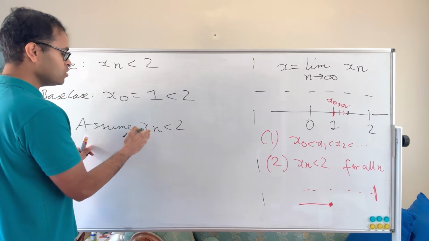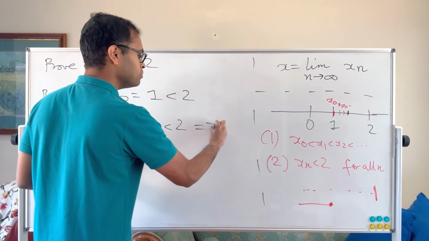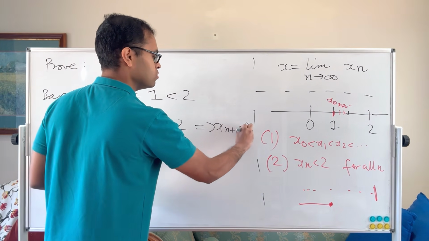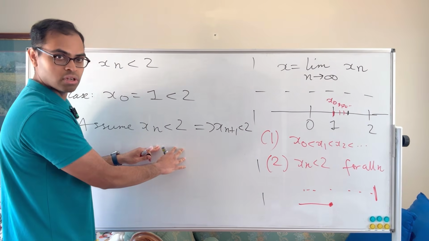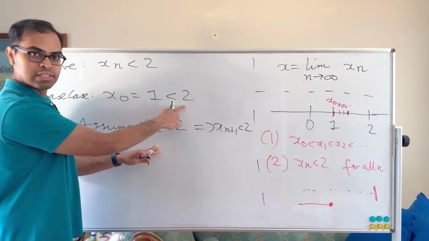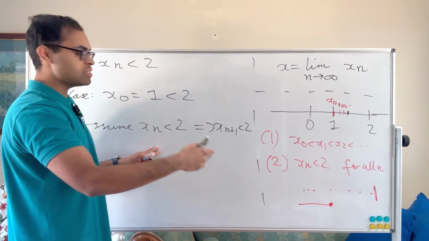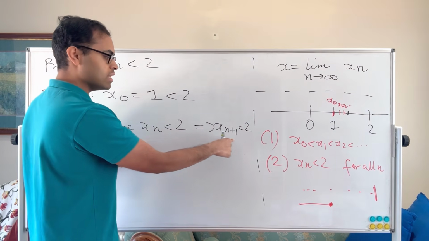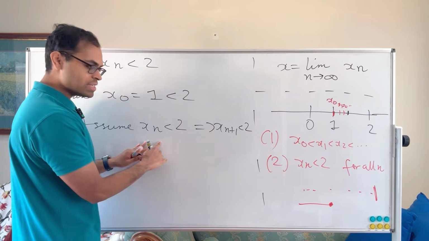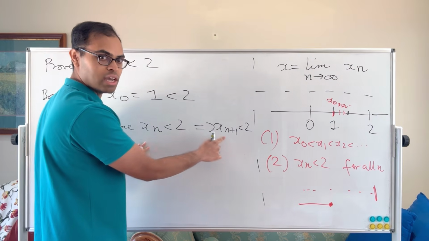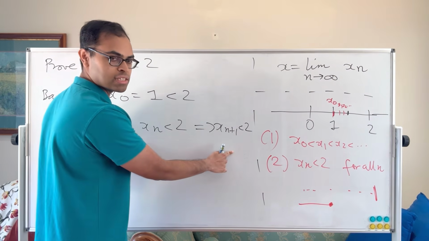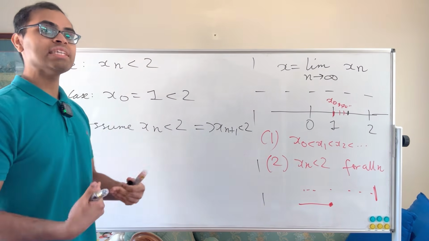If I've explained why xn less than 2 implies xn plus 1 is less than 2, then knowing that x naught is less than 2, I can repeat that process to say x naught is less than 2, hence x1 is less than 2. x1 is less than 2, hence x2 is less than 2. x2 is less than 2, hence x3 is less than 2. You get the idea. It repeats ad infinitum.